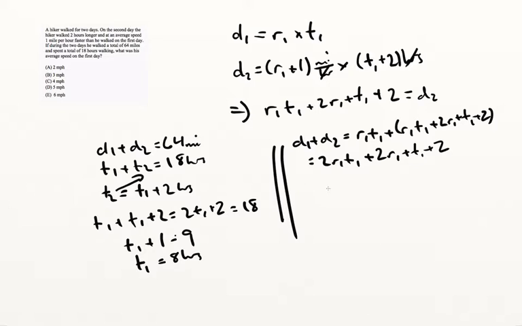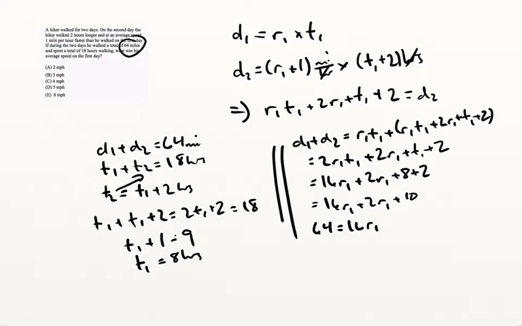We've got the T1 is 8, so if we multiply this out, that'll be 8 R1 plus 2 R1 plus 8 plus 2, and that's going to give us 8 R1 plus 2 R1 plus 10. And remember, of course, D1 plus D2, because we're told here is a total of 64 miles, so that's going to be 64.